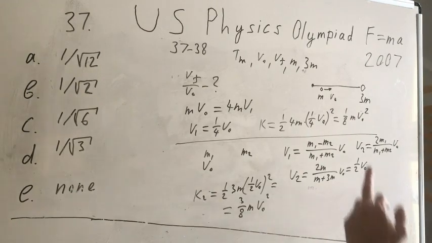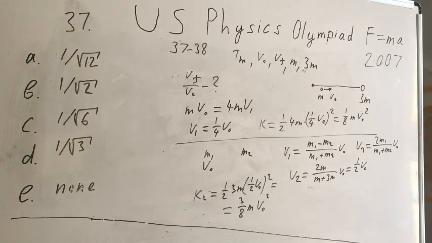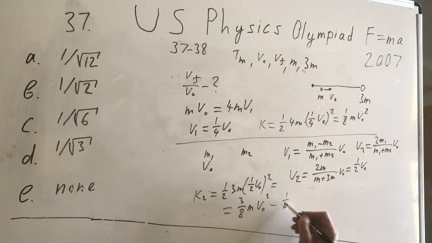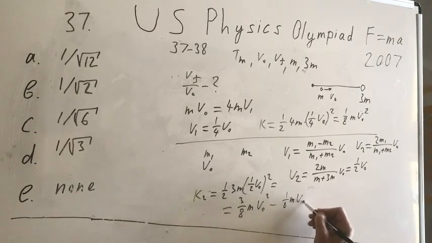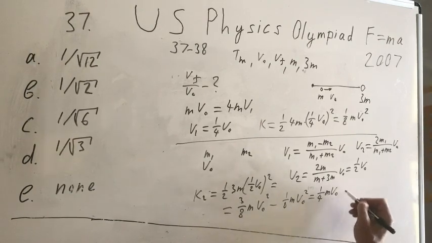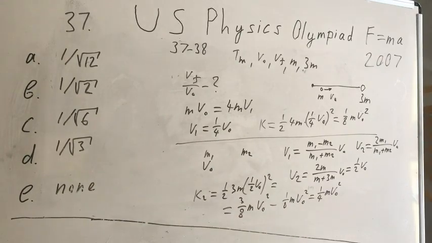But when it will go with the cord, we extend the cord and it will get some potential energy before it breaks. And we know what is the potential energy for break, so we need to just subtract this energy. So 3 over 8 minus 1 over 8 m v0 square, which is 1 over 4 m v0 square. That's our kinetic energy after break for the second mass.